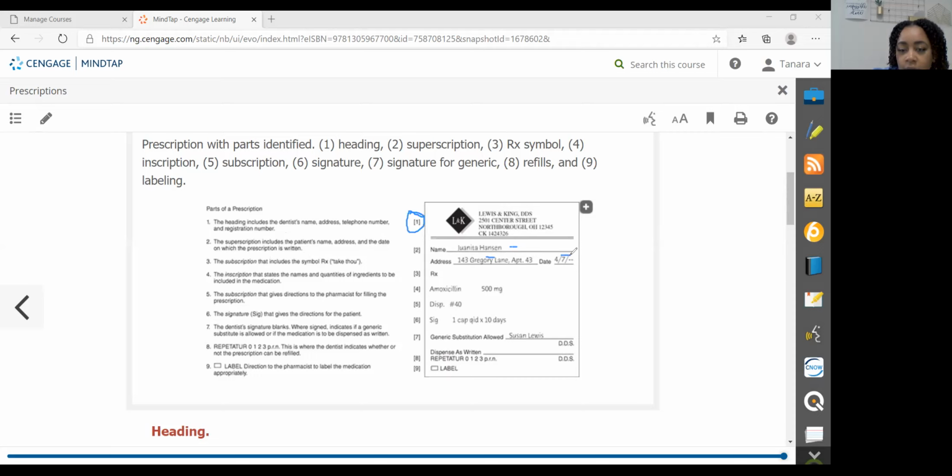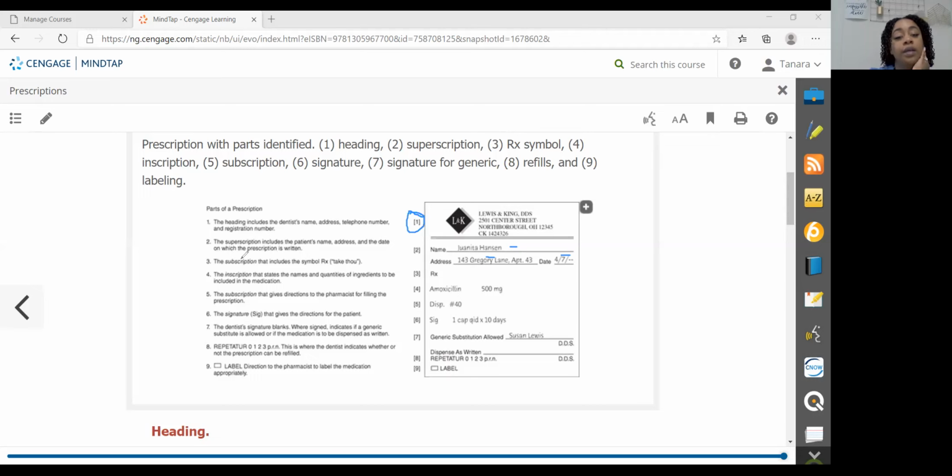Or if not necessarily date of birth, the actual date that the prescription was prescribed. Some prescriptions will put the patient's date of birth and some will not. They will just have today's date or whatever day they got the prescription. Now you do have a certain time frame of how long you can hold a prescription, and if it'll expire before you can actually fill it.